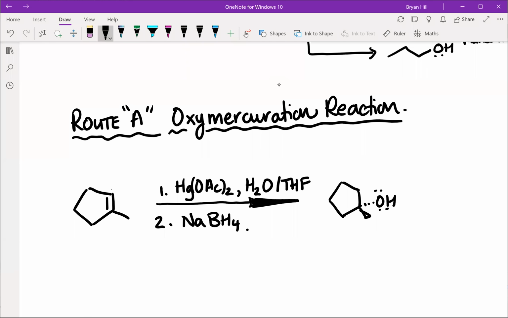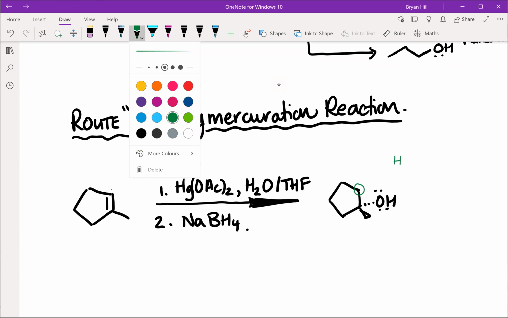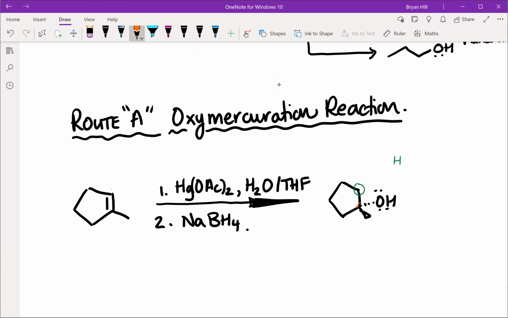So the H gets added to the least substituted carbon, so the rich get richer, and the OH gets added to the more substituted carbon. So this is Markovnikov. Okay, but let's do the mechanism first.